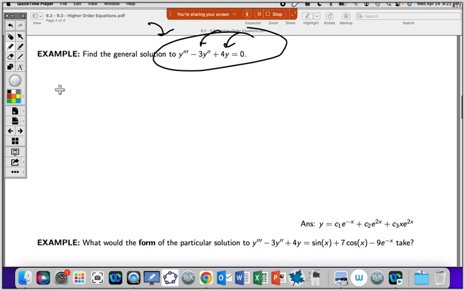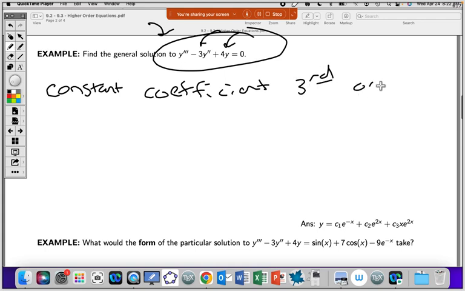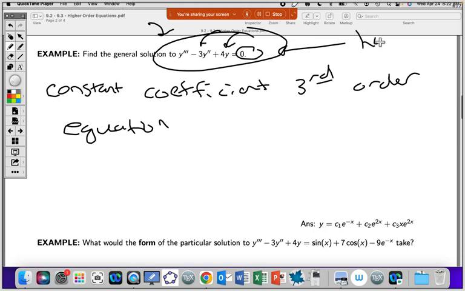So this is a constant coefficient third order equation. And now let's take a look at the right hand side. Since the right hand side is equal to 0, this is a homogeneous constant coefficient third order equation.